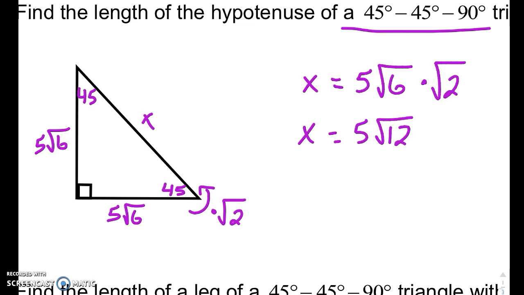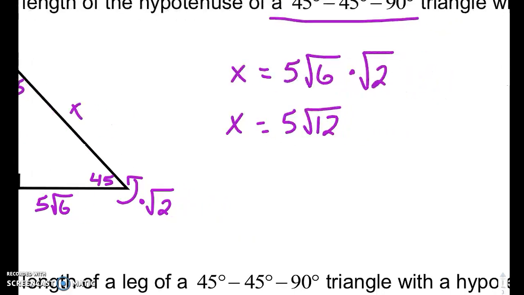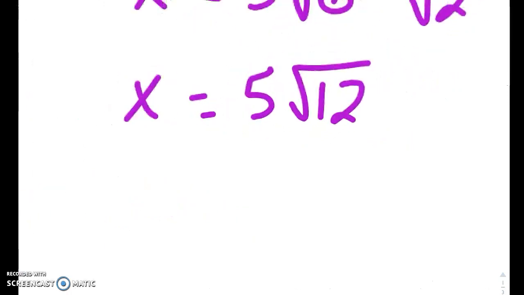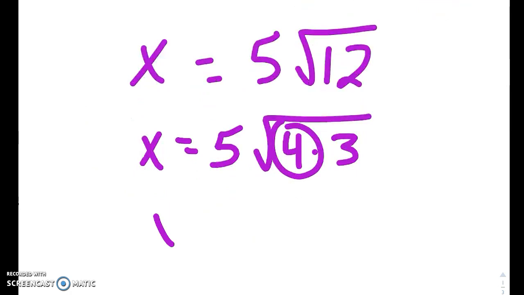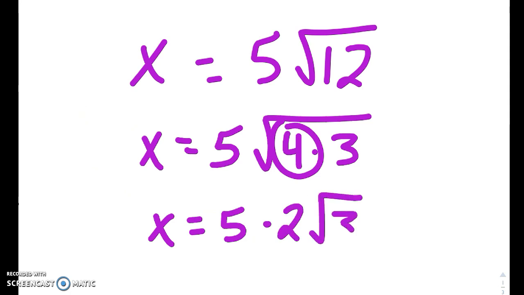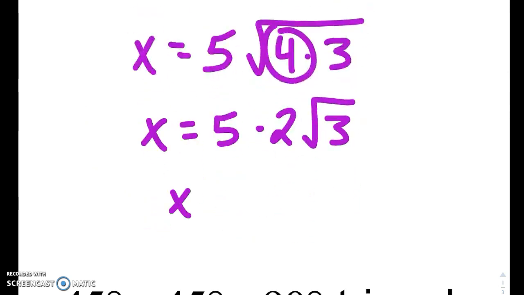This is why we need to remember how to do simplest radical form, because we have to break this down. 12 breaks down to 4 times 3. 4 is your perfect square. So that gives us 5 times 2 times radical 3. So x, the hypotenuse, is 10 radical 3.